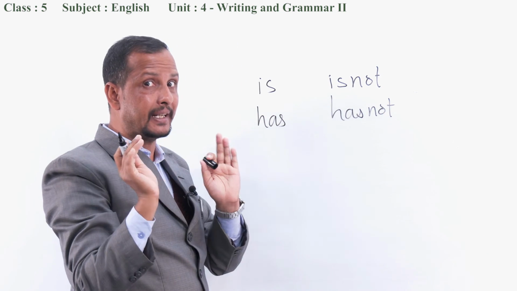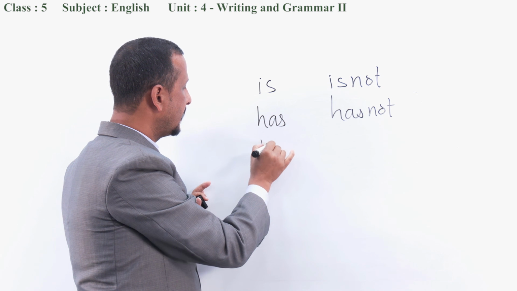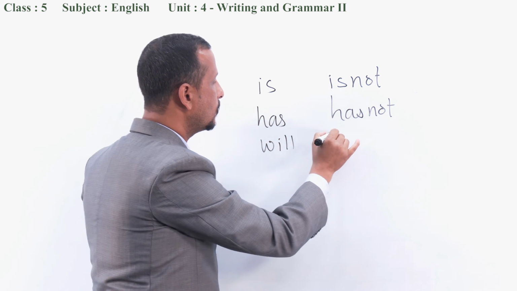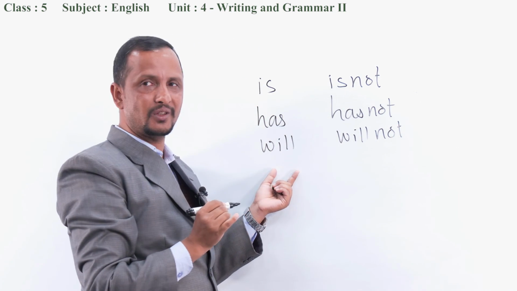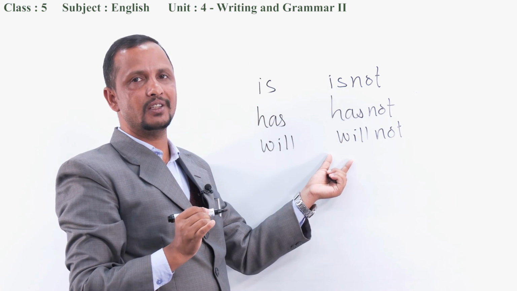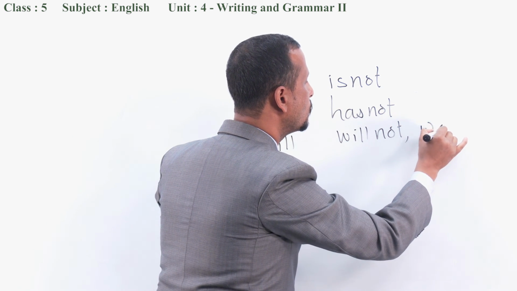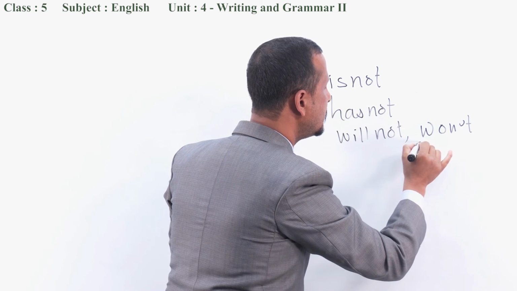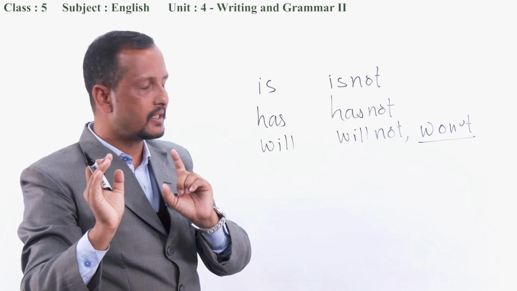Simple negation we are talking about. And let's talk about "will". Will not. Or, dear students, "will not" can be written in short form, that is, won't. You already noticed it in the sentences, right?